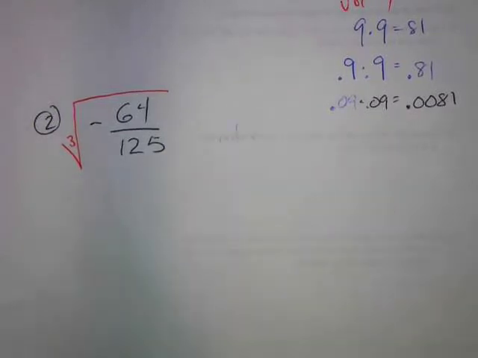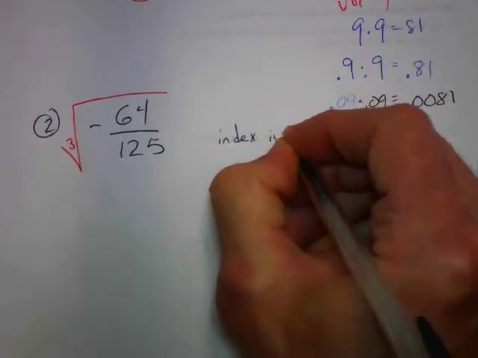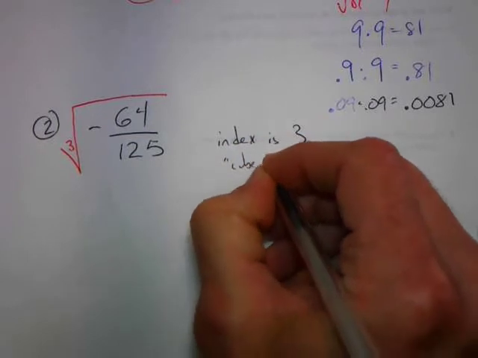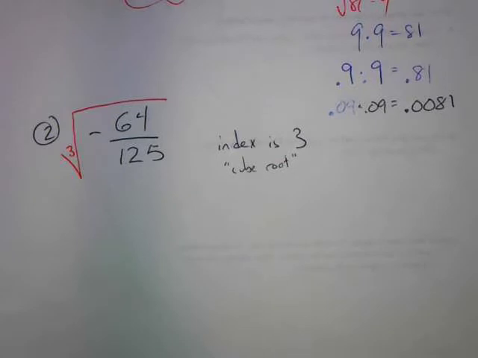Man, if I had a better pen, that would be even awesomer. So the index is 3, and that's what cube root means. Just like square root was asking an operator question, the cube root asks an operator question as well.